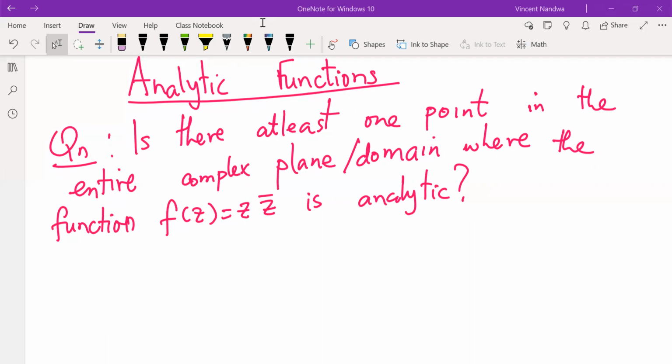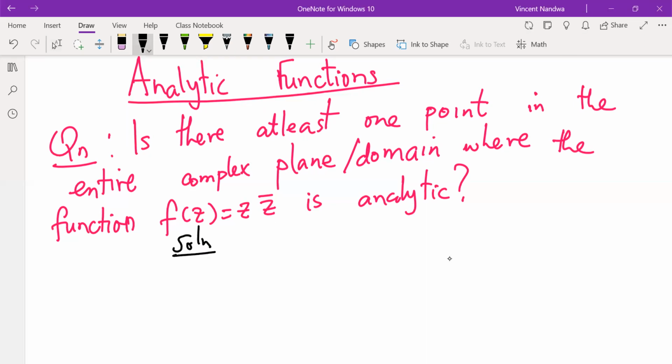So we have to test what conditions make z times its conjugate satisfy the Cauchy-Riemann equations. If it's possible, then the values of x and y that will make that true will give us the points where the function is analytic.